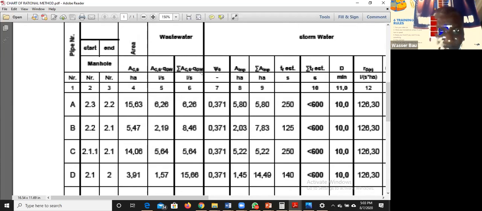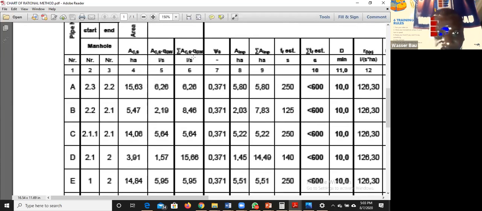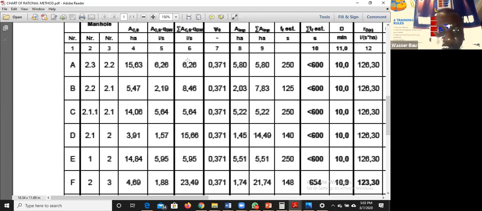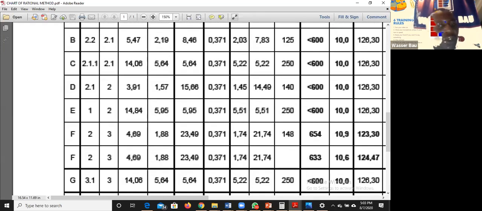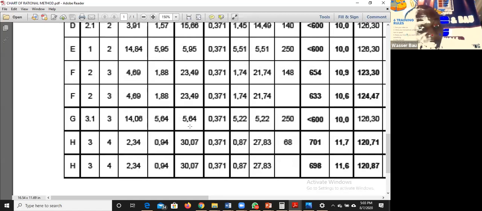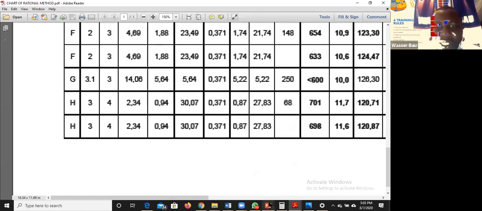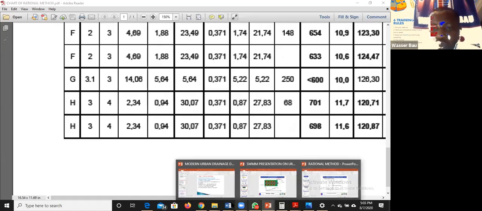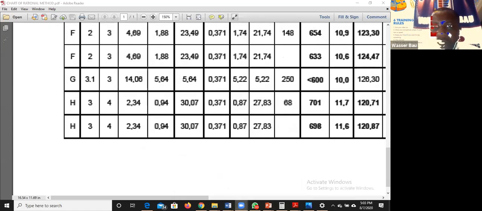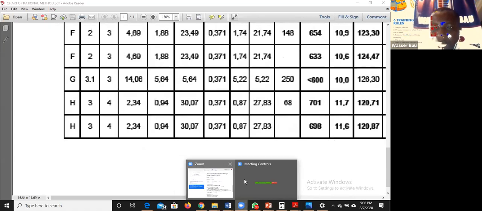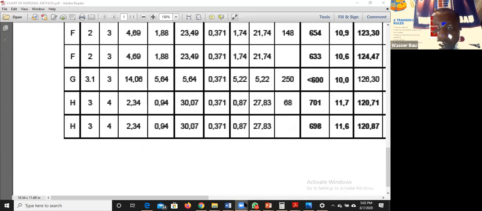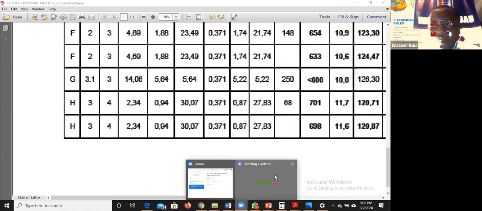This is summation of the flow. So after this chart, you now use the value here to design your sewer line, your sewer network. And that's exactly what we have been able to do in this last 2 hours. So the next thing we're going to be doing now is to do for the stormwater.